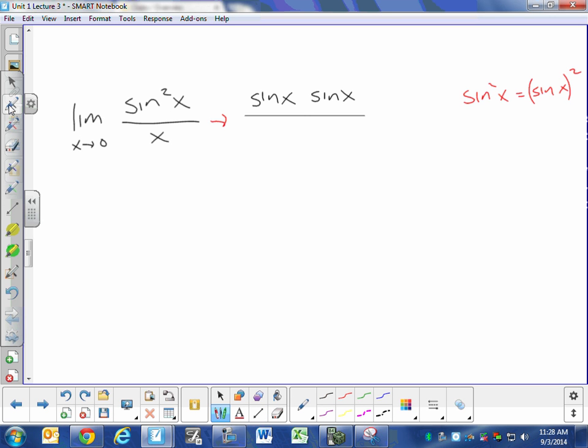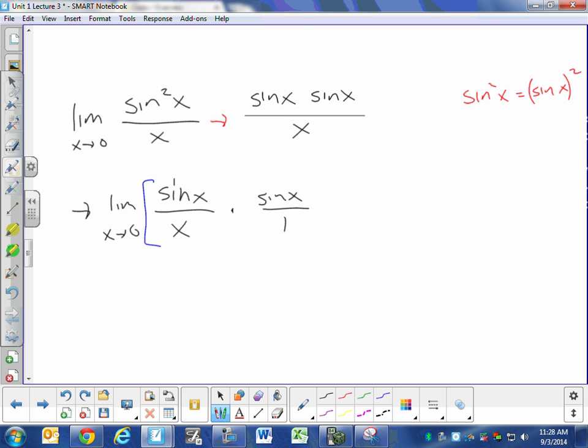And now I have an x underneath it. Well, I have one big fraction. I should know that I can split this into two smaller fractions being multiplied by each other. Sine x times sine x over x is the same as sine x over x times sine x over 1. Because you just multiply across, and you get sine x multiplied across times 1 would be x.